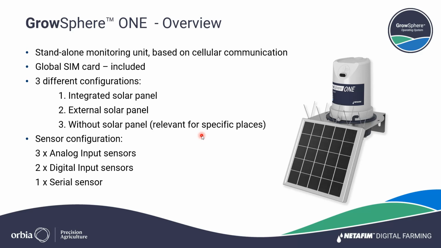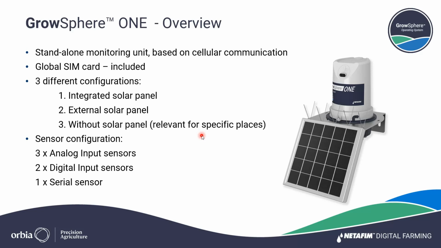Now, the external solar panel is made to absorb the maximum sun. So you can install the panel above the canopy, and then you will have maximum sun absorption. And the last configuration is relevant for specific places.